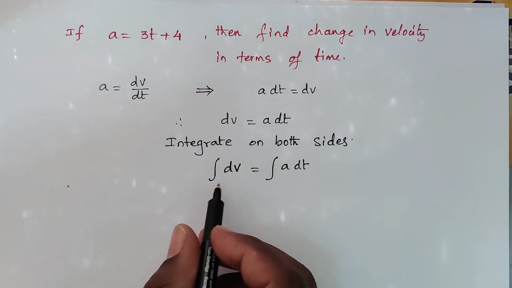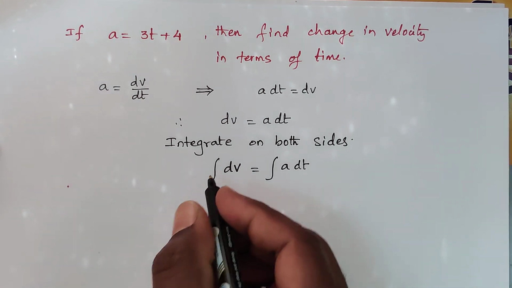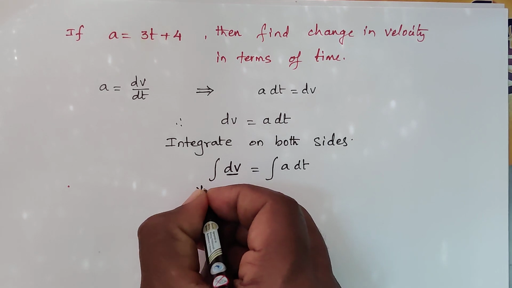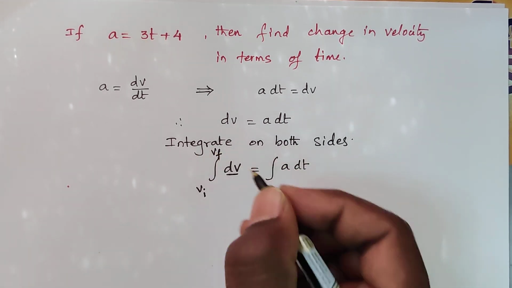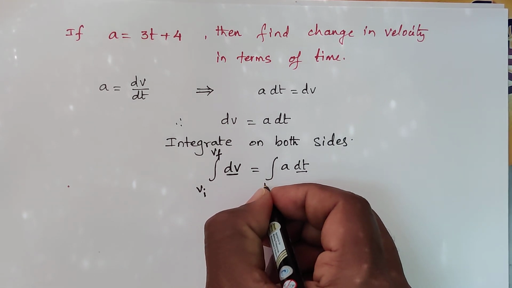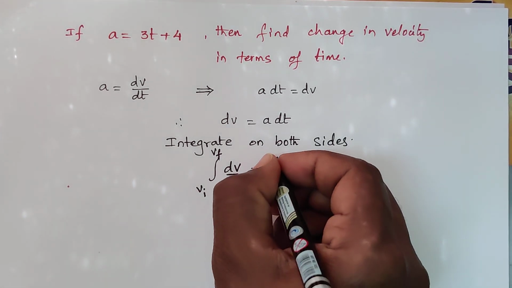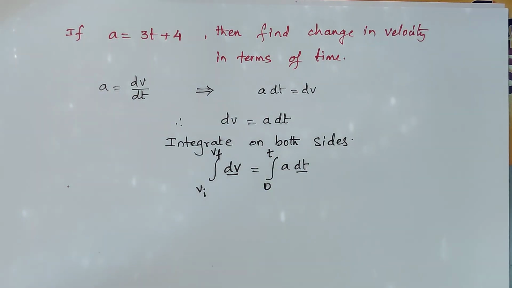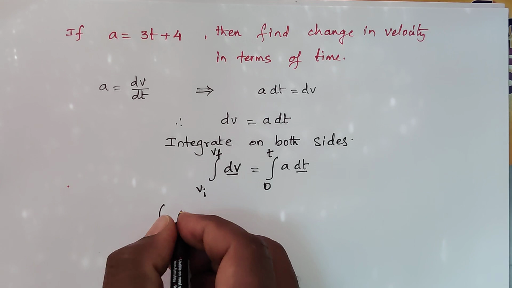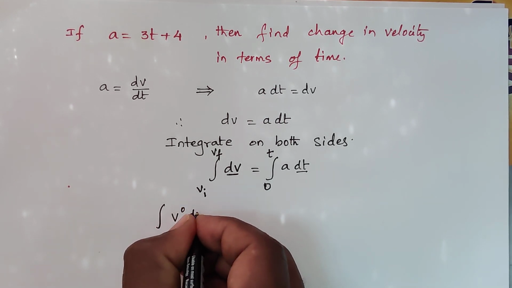Okay. So integral dv. Here what is changing? Velocity is changing. From where to where? Initial velocity to final velocity. And here what is changing? Time is changing from initial time 0 to final time t. So integral dv can be written as v to the power of 0 into dv.